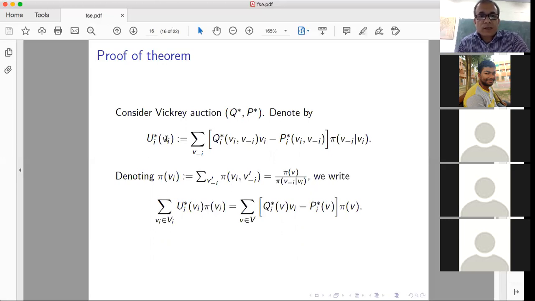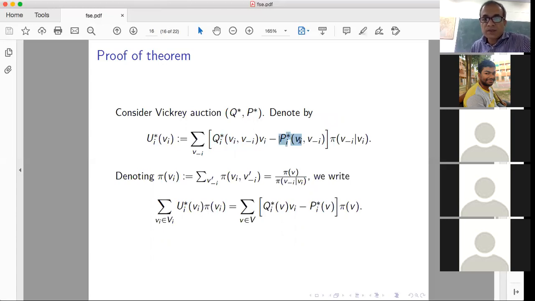To do that, let me first remind everyone that the Vickrey auction's expected payoff for every bidder can be computed as follows. If I'm bidder I and I have type VI, then my payoff at type profile VI, V minus I is this, where this is the efficient allocation rule. This term is VI if I am the winner and 0 if I am not the winner.